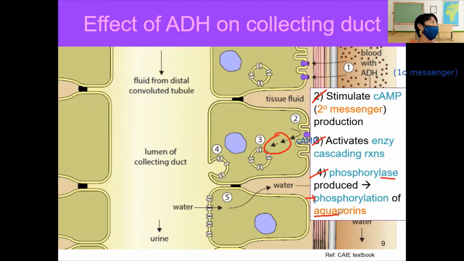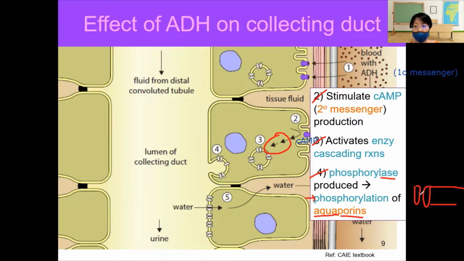Water, right? Porin is channel protein. Porin is pore. Pore means channel protein, because it forms a water permeable pore in the membrane.